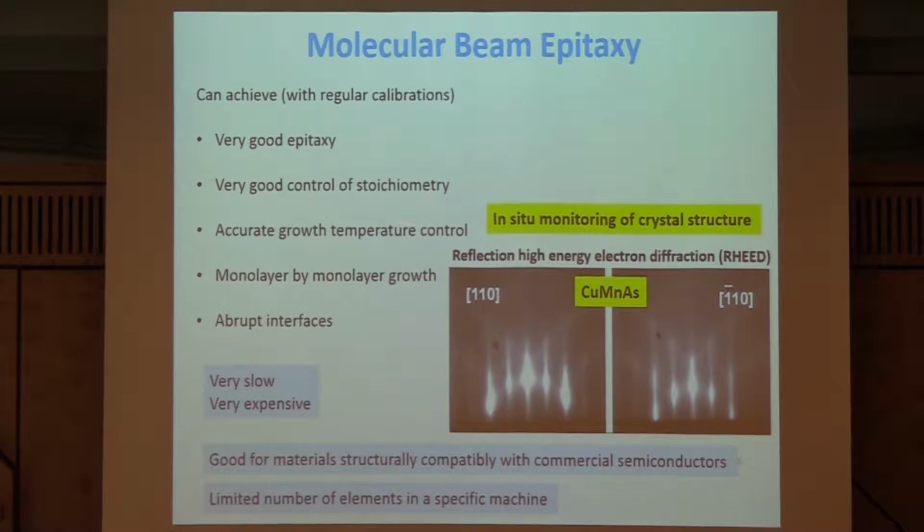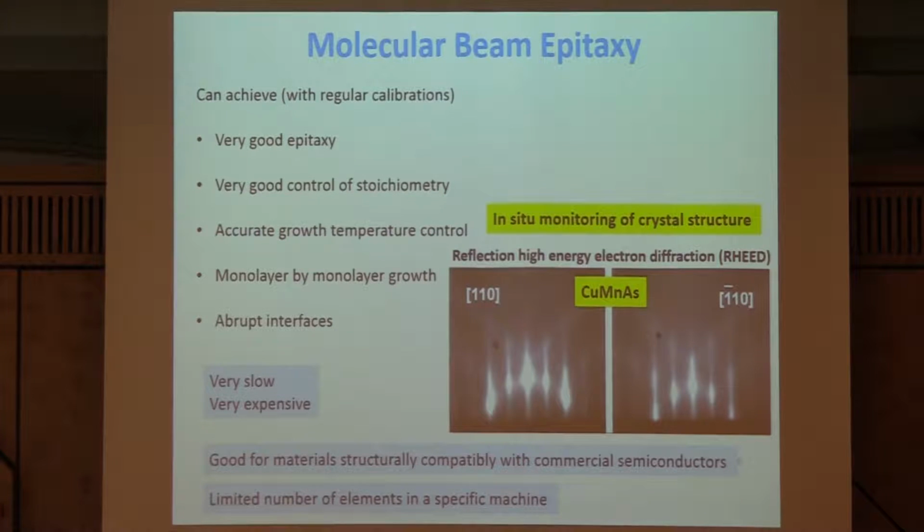You can have very good control of stoichiometry and temperature, and at best you really can have monolayer by monolayer growth, with atoms arriving at the surface, having wide surface mobility, moving to step edges, and you can produce heterostructures that are atomically sharp. On the other side, it's very slow, it's very expensive. So at Nottingham, the grower might only produce one sample in a day. And that's not because he's lazy, it's because he's very careful.